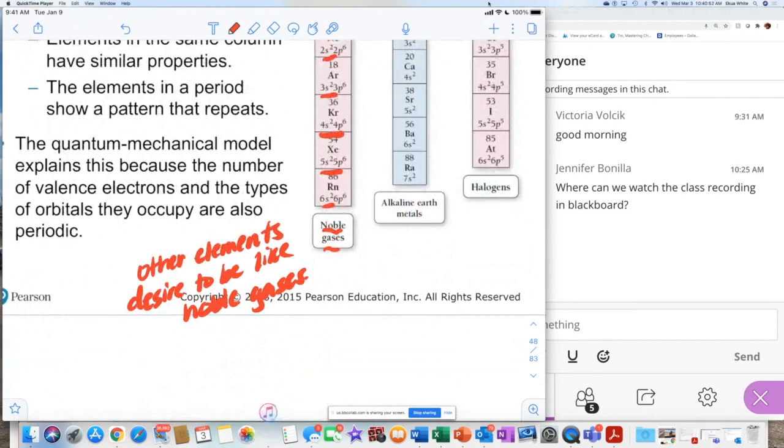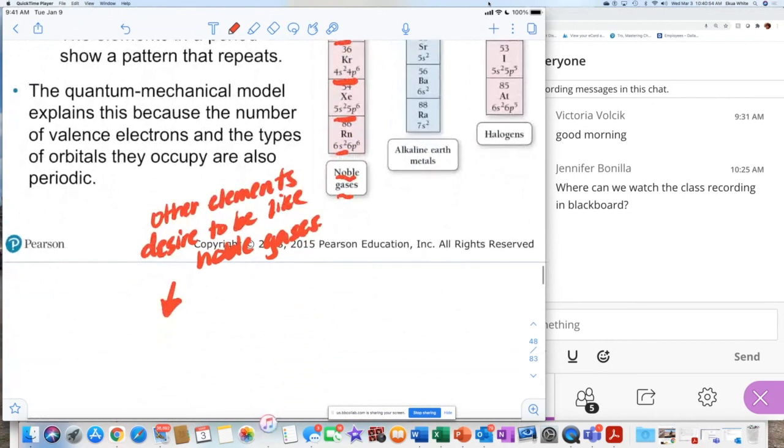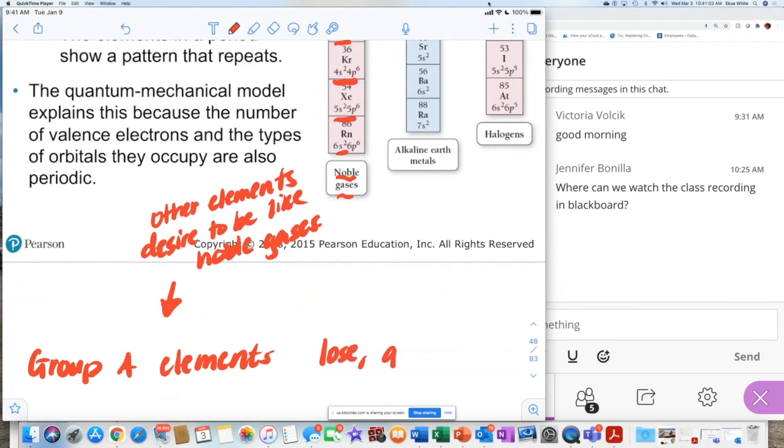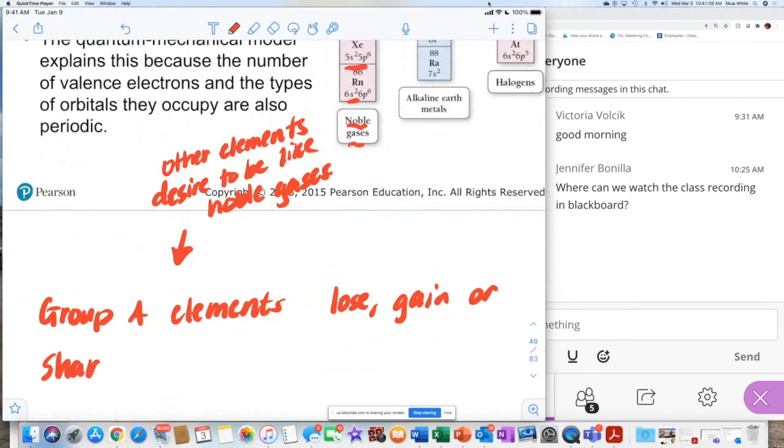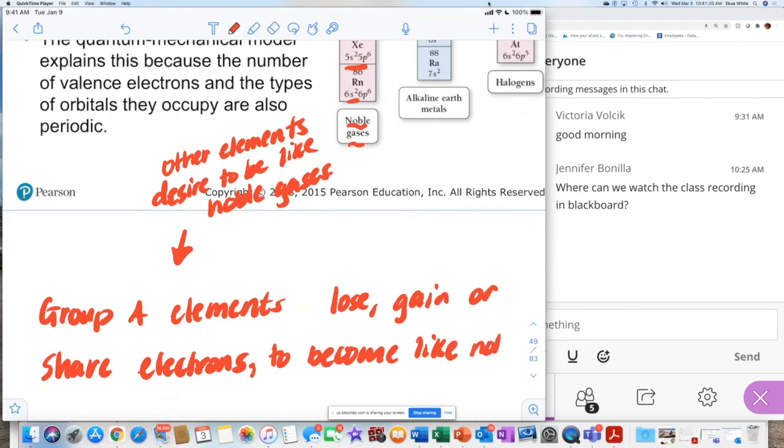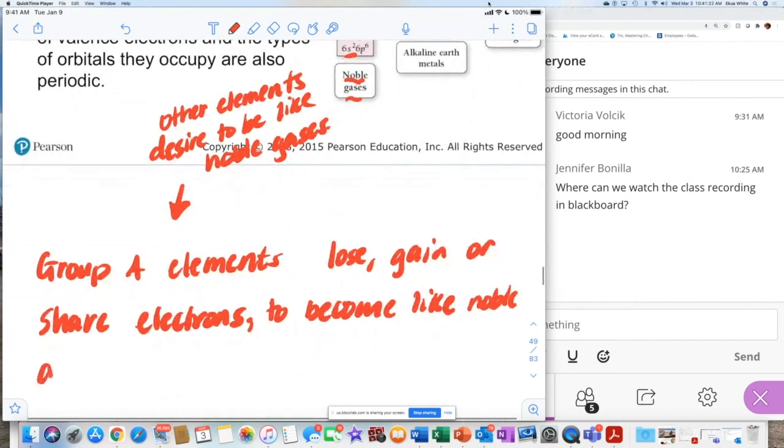So how do the other elements achieve that? We'll see later on that group A elements are the ones that lose, gain, or share electrons, and they have a goal to become like noble gas elements.